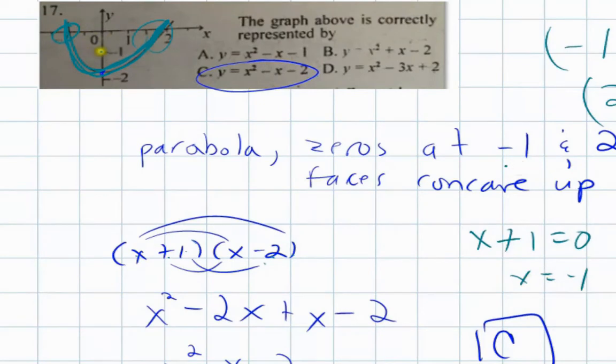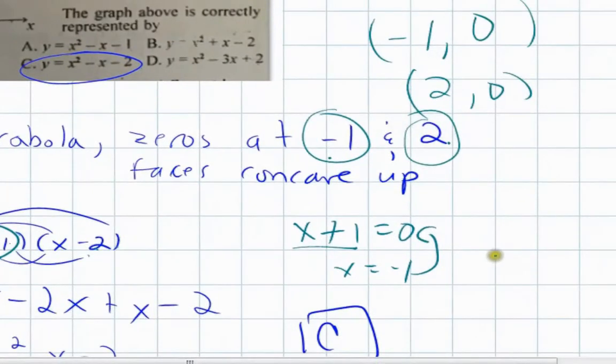But we can already tell what the zeros are from the graph, so we can work our way backwards. Now that I know one of the zeros is negative 1, I can work my way backwards to this point where I have x plus 1. That's where I got this part from. I can do the same thing with this one. Because my final answer was x equals 2, that means that up here, when I set it equal to 0, this was x minus 2.